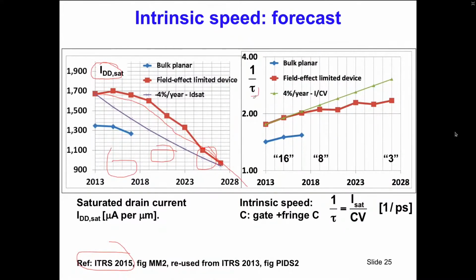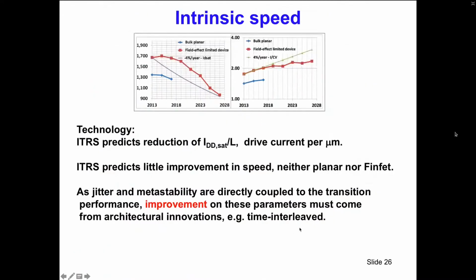But then the tau, basically the capacitor, is not going to change much over the years. And that essentially means that we do not have to expect a very large improvement in speed in the new processes, unless somebody comes up with the next generation.